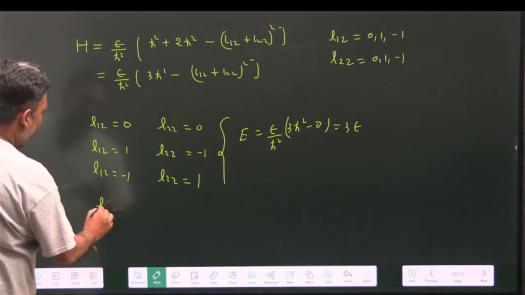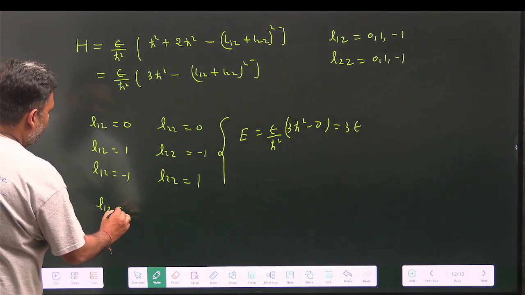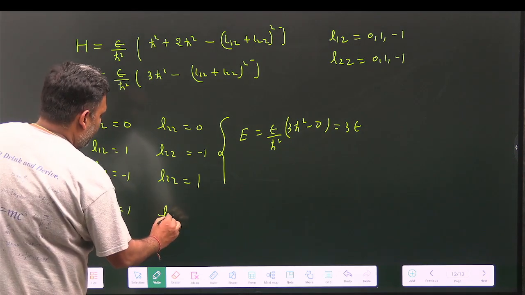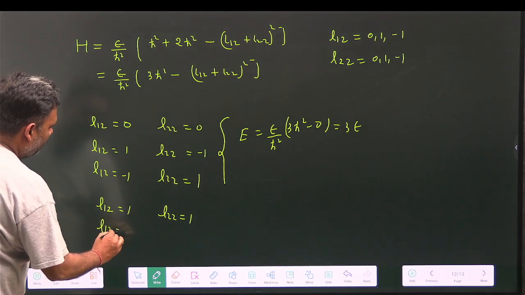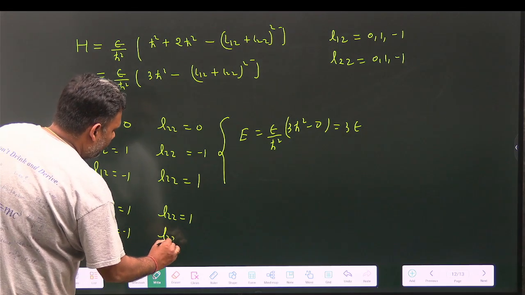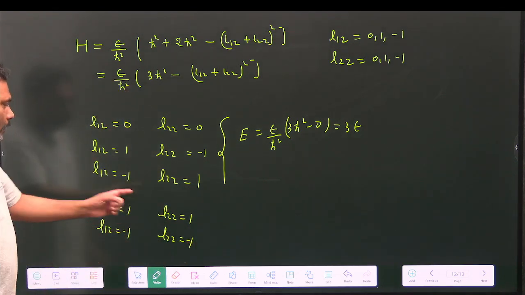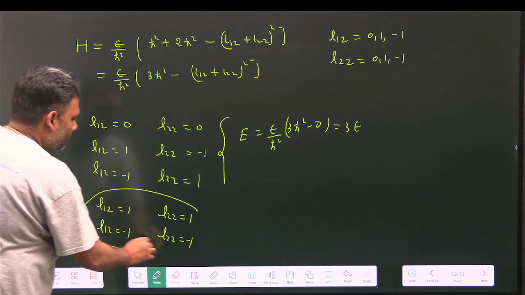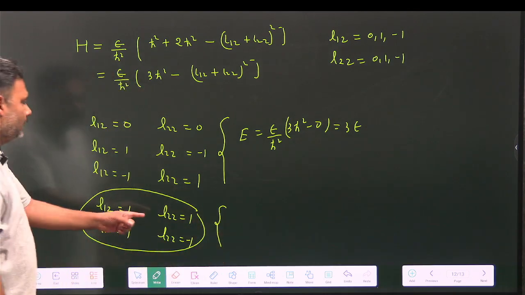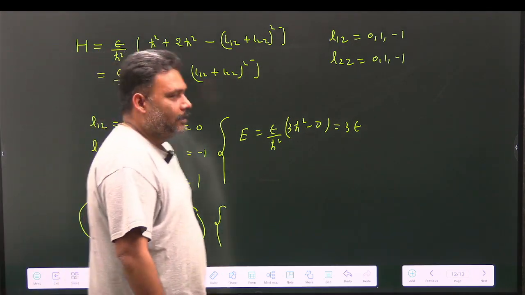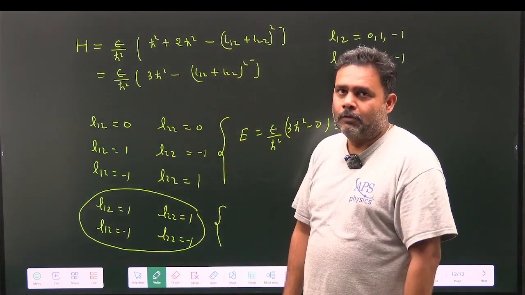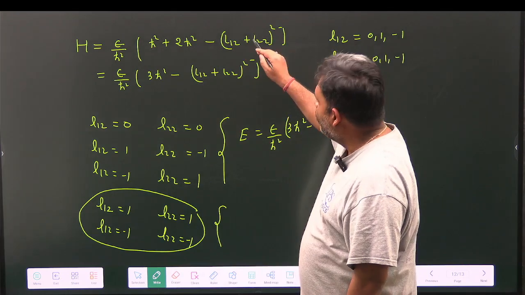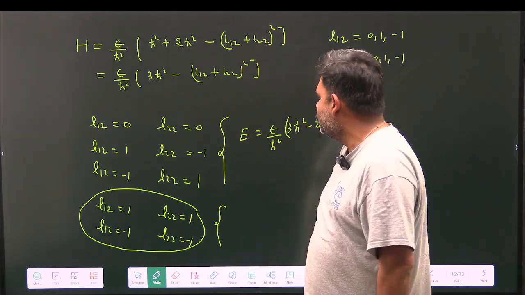Now let's go for the next one. We have L1Z equal to 1, L2Z equal to 1, and L1Z equal to minus 1, L2Z equal to minus 1. For all these sets, we have exactly the same energy eigenvalue. 1 plus 1 whole square is 2 square, and minus 1 minus 1 whole square is again 2h cut whole square.